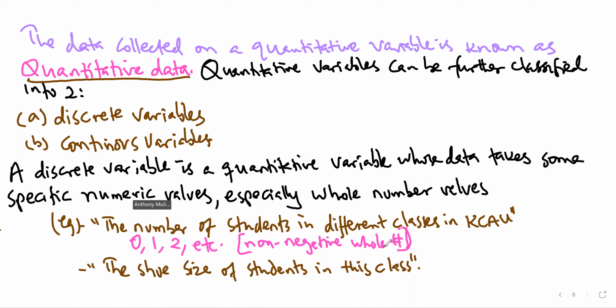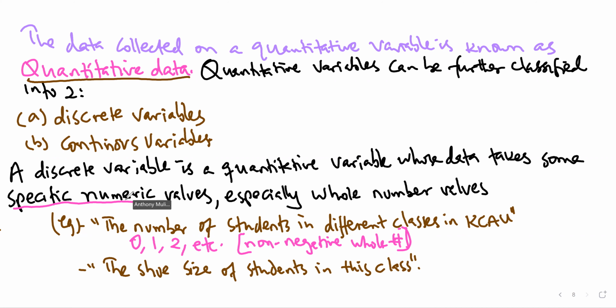It doesn't make sense. The same case with the number of rooms in a house. We expect that to be a whole number, possibly starting from 1 going up, no 0. Those are variables which are taking some specific numeric values.